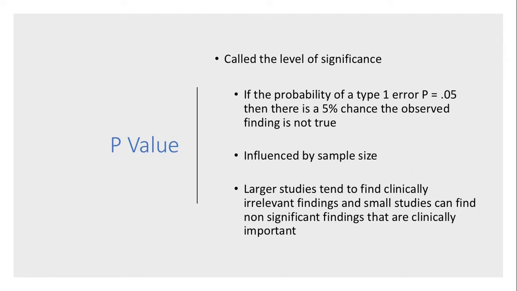In contrast, small studies can find non-significant findings that may in fact be clinically important, but they also may be due to chance. And that's why sometimes we end up seeing studies replicated with larger samples, to confirm, and maybe later on we're able to find those differences.